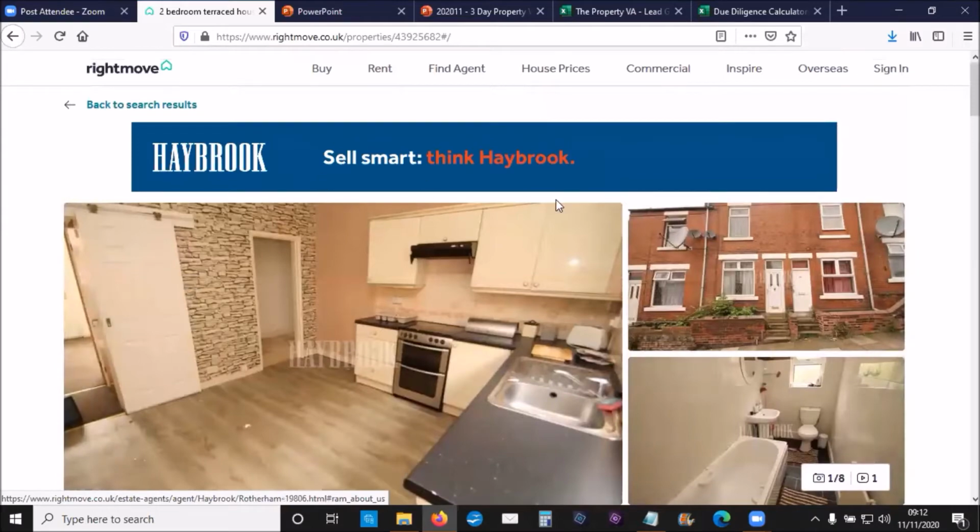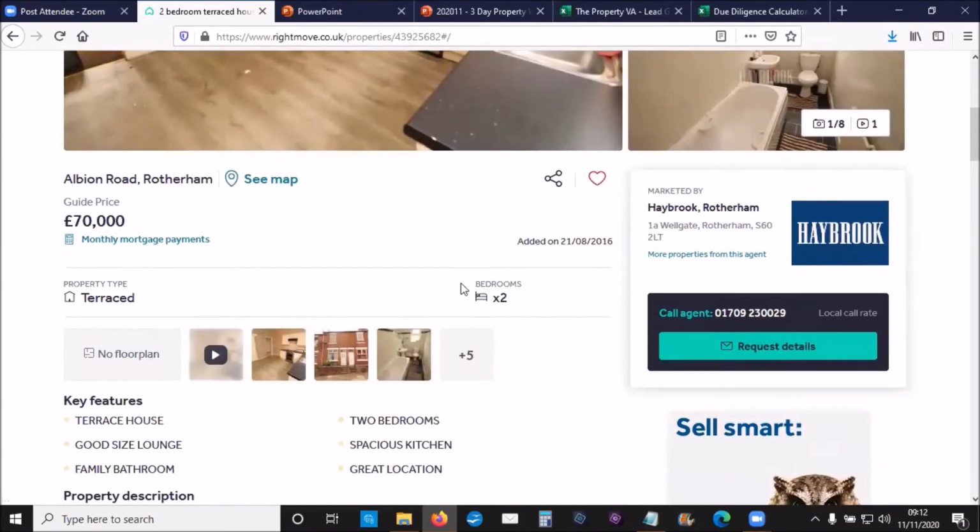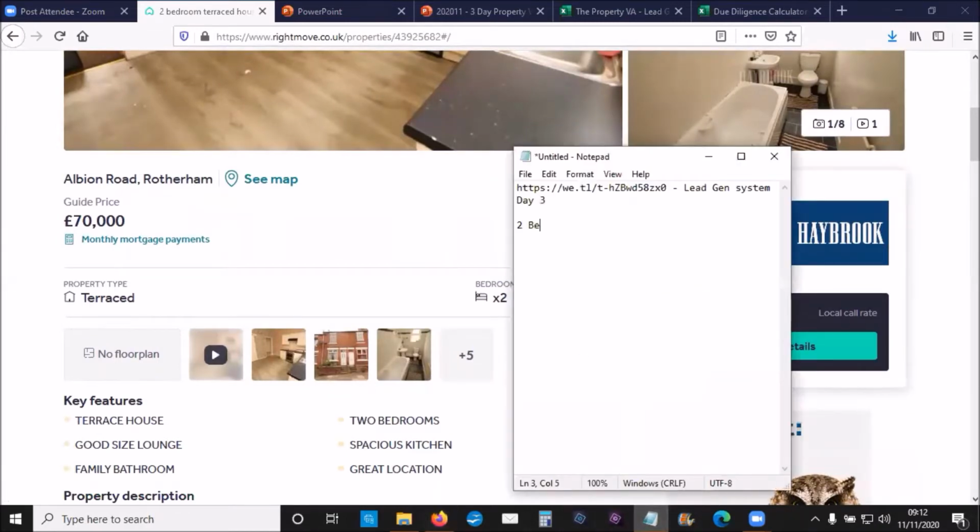They now no longer have the address at the top. It's a little bit trickier to look for where the information is, but here we are. It's a 2-bed terrace property. So 2-bed terrace, and this is in Albion Road, and it's asking for 70,000.